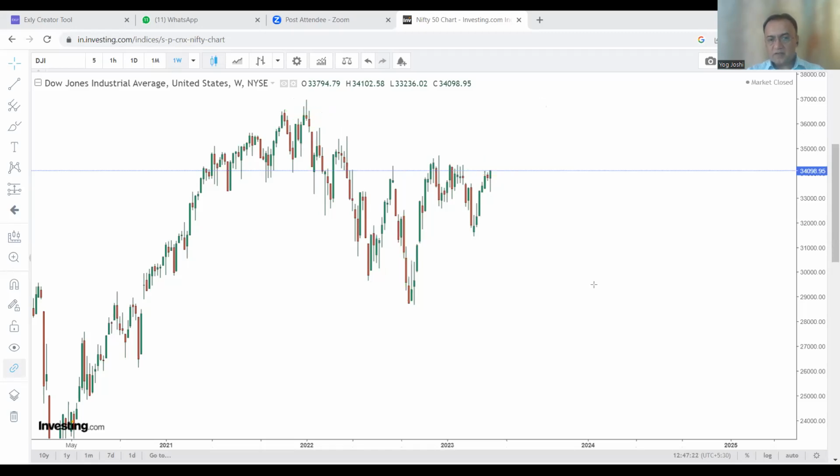I am also seeing something good in the Dow chart because it has made a reverse head and shoulder, and reverse head and shoulder is a clear-cut indication of the end of the downtrend or the end of the downswing.